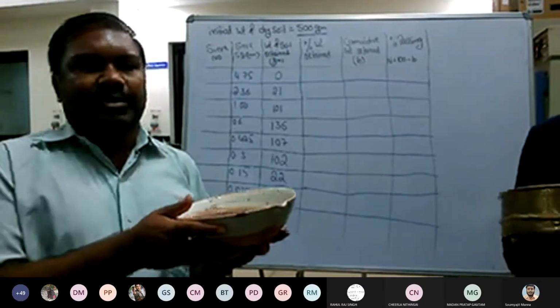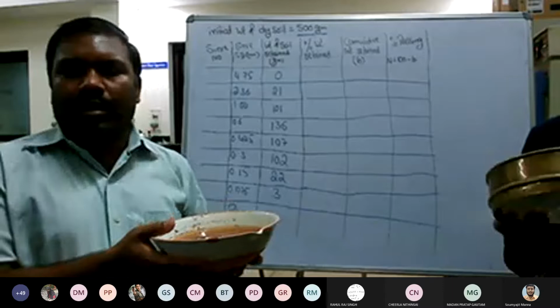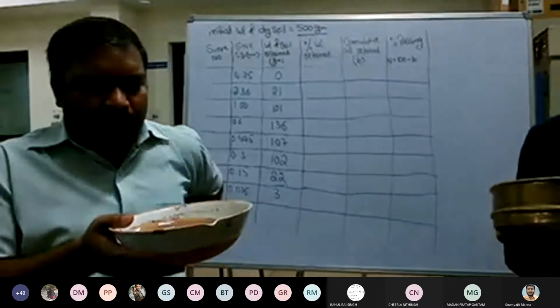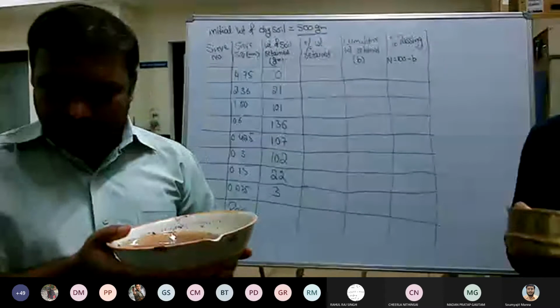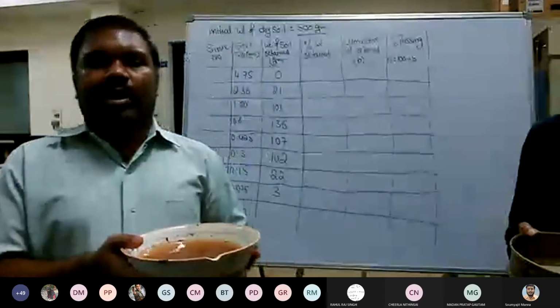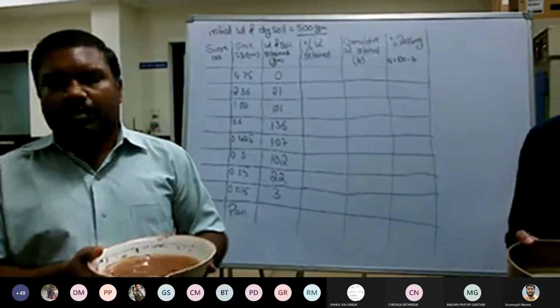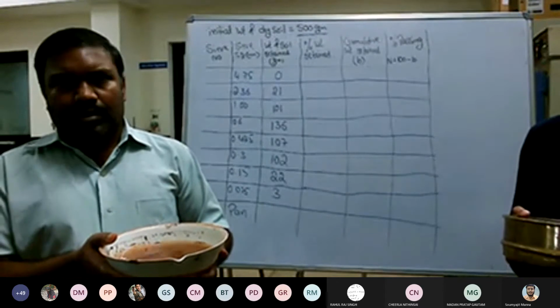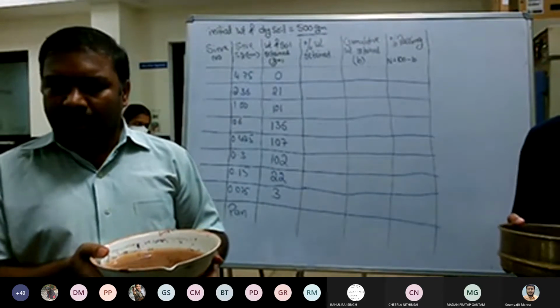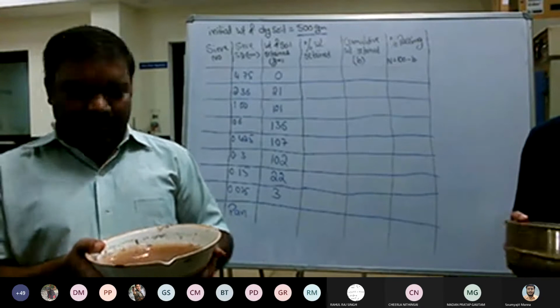But if the same wet sieve analysis is done on fine grained soils, we add something called a dispersing agent. If you have undergone your hydrometer analysis, the best example is sodium hexametaphosphate. This is one of the chemicals called a dispersing agent.